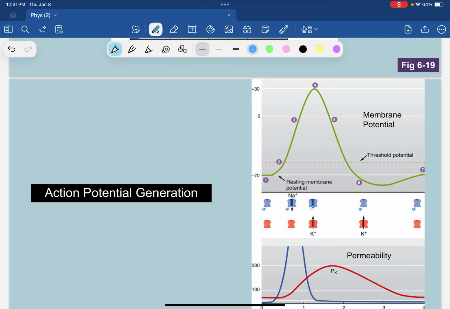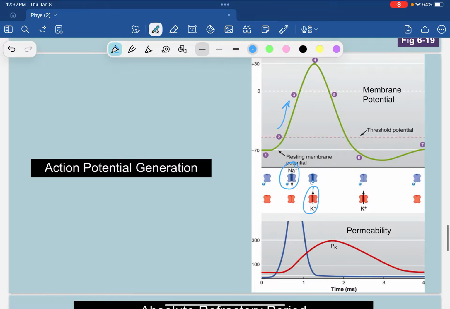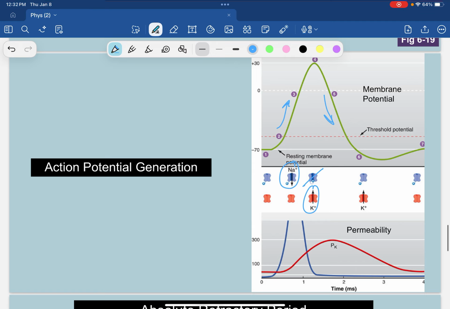We see that sodium is coming into the cell right here, so our membrane potential is getting more positive because that positive charge is flowing in. It flows a lot in at once and reaches its peak, and then our potassium opens and our sodium channel closes. Our potassium is that positive charge flowing out, and that's what allows it to reach back to its resting membrane potential.